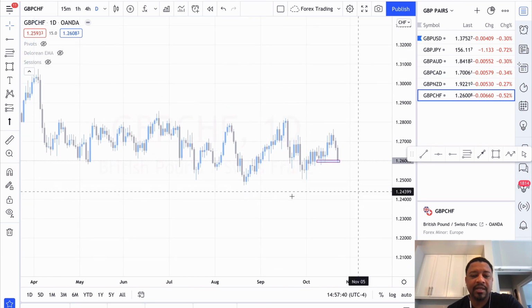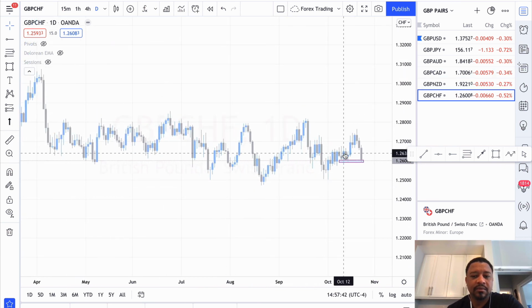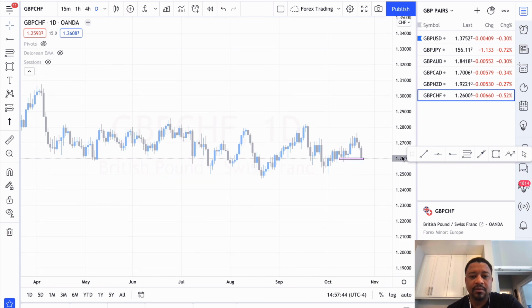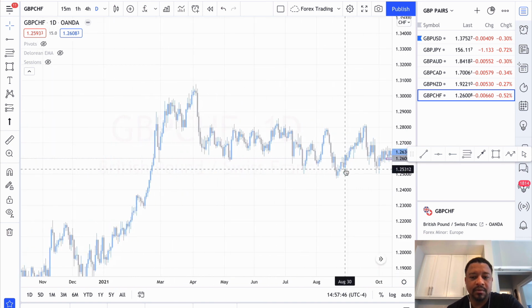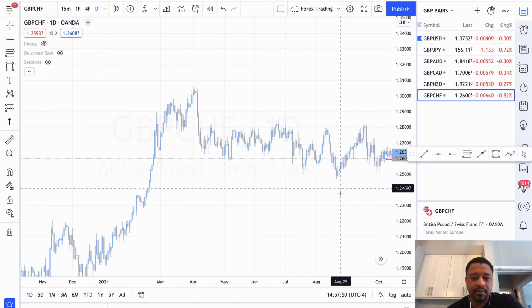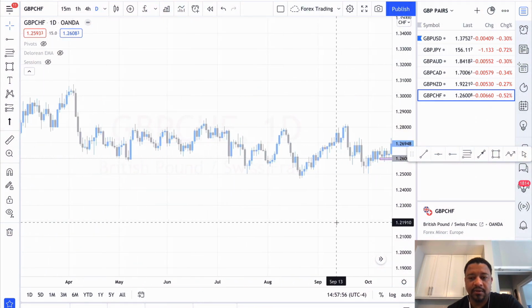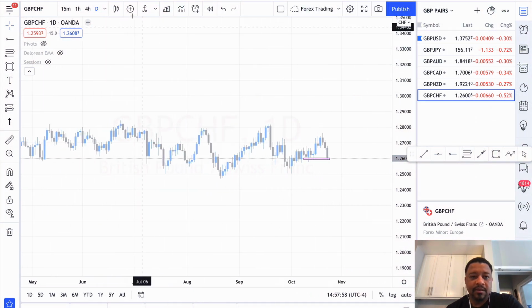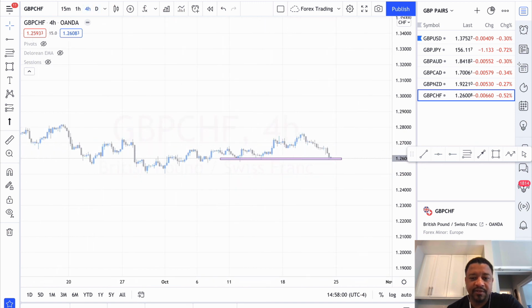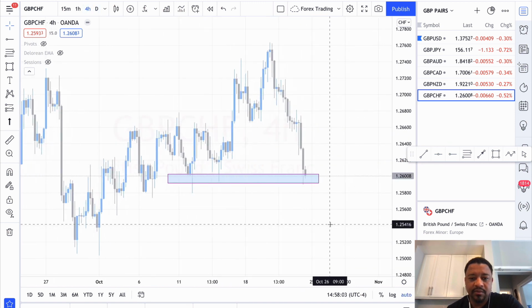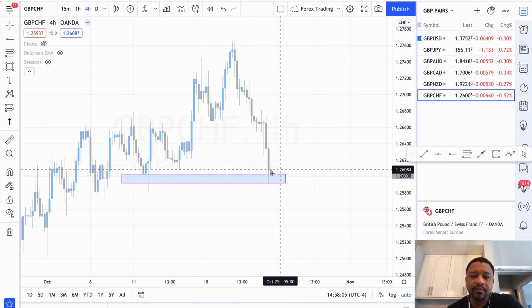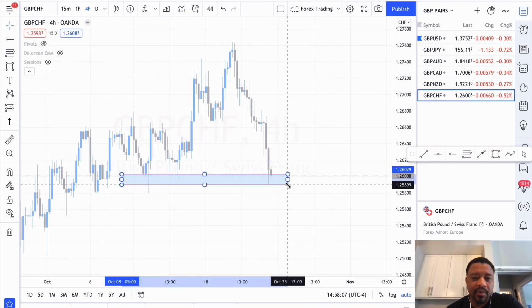Right now it's in consolidation. The real drop is below this area, and then you can take it all the way down to here in these zones. So be patient on GBPCHF. Let's see what it does this week. If it does not break below these areas, you could potentially buy it back up.